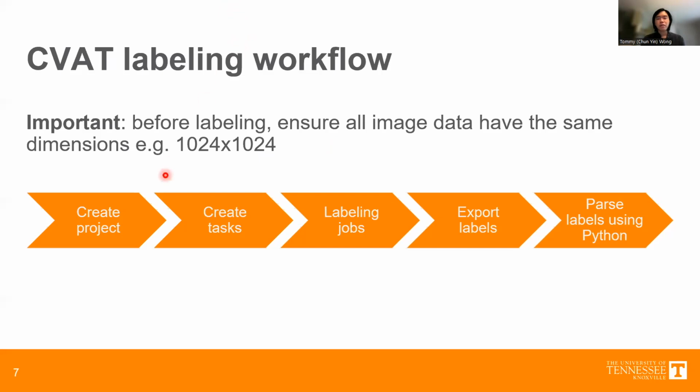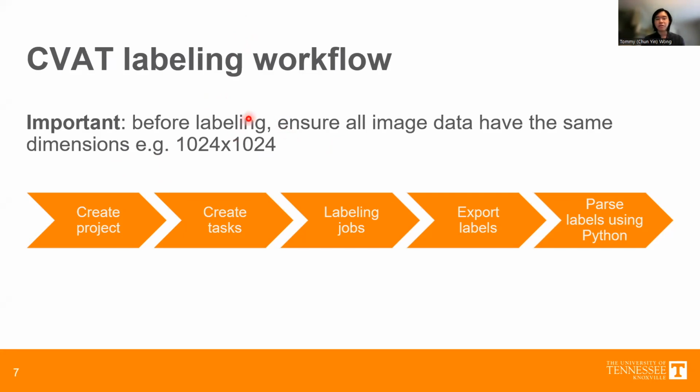So one important tidbit before you start labeling, for most applications, especially for electron microscopy data, since the size of the image is pretty much set, which is what you get from the microscope, you want to make certain that all your images that you're trying to label have the same dimensions.